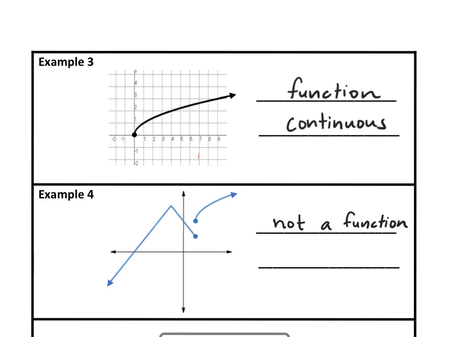I lift it, and then I can continue from up here. So there's this gap here. We call this a jump. And so it is discontinuous because there's a jump in the graph.